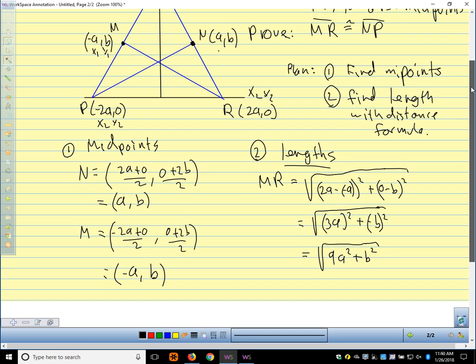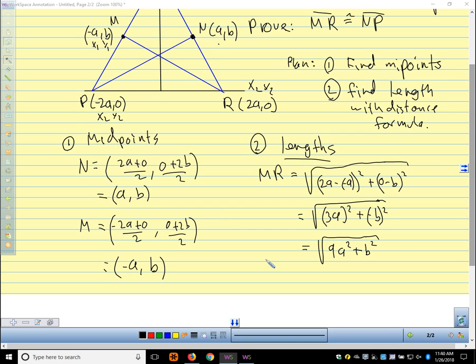Now let's find the length of NP. Going to do the same process. This is x2, y2, so I'll call this one x1, y1. Do our distance formula. x2 minus x1, negative 2a minus a, and we're going to square that, plus y2 minus y1, 0 minus b squared.